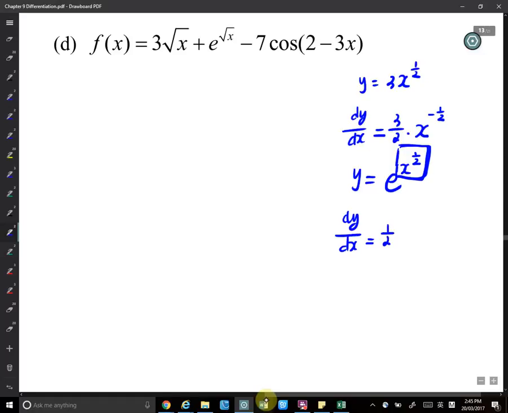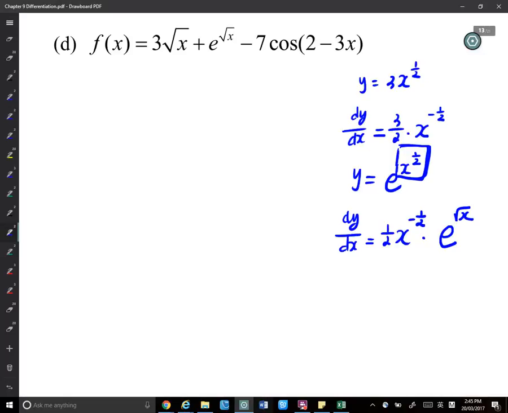It is a half x to the power of negative a half, the derivative for this box. And then you times whatever you have before, which is e to the power of square root x. You derive the power, x to the power of a half, and you get a half times x to the power of negative a half. And then you have the exponential again.